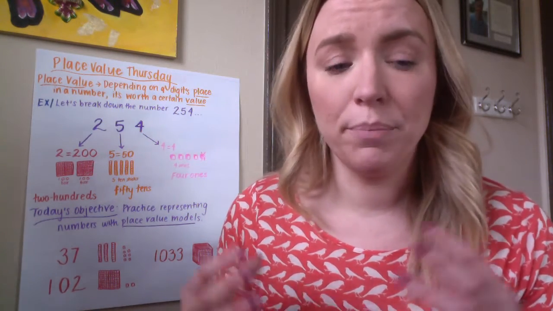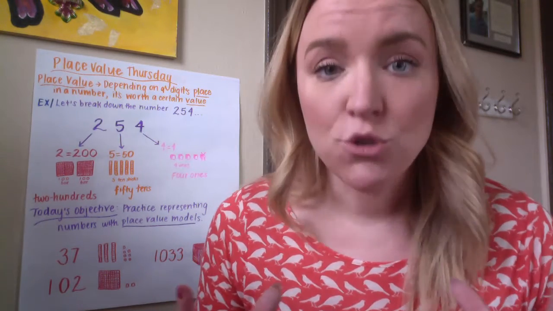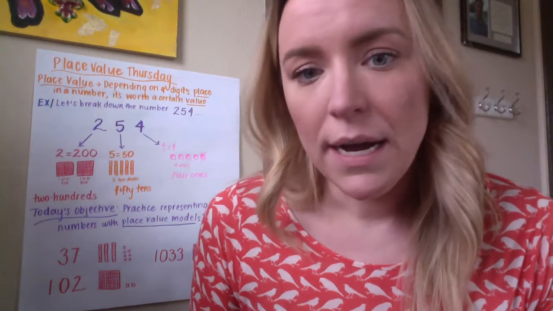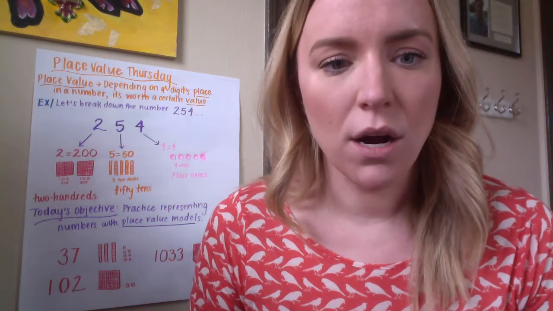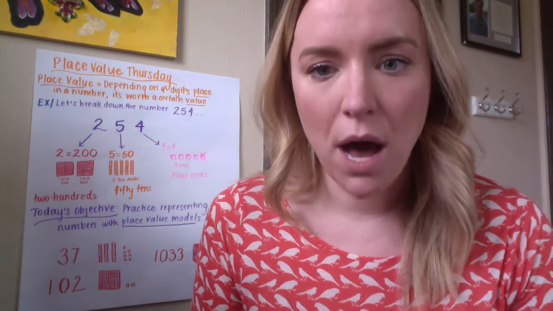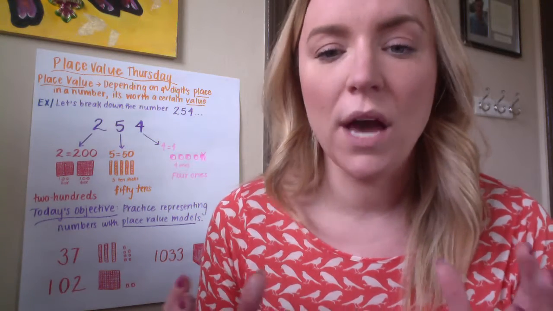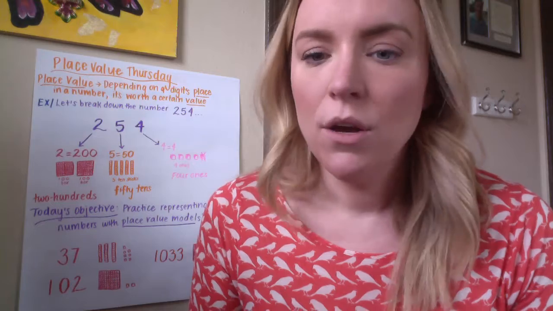Using place value models, we can see the number better. And that's why it's important to practice using our place value models for numbers, because when we see them more clearly, when we understand what we're adding and subtracting, we can do it more quickly.